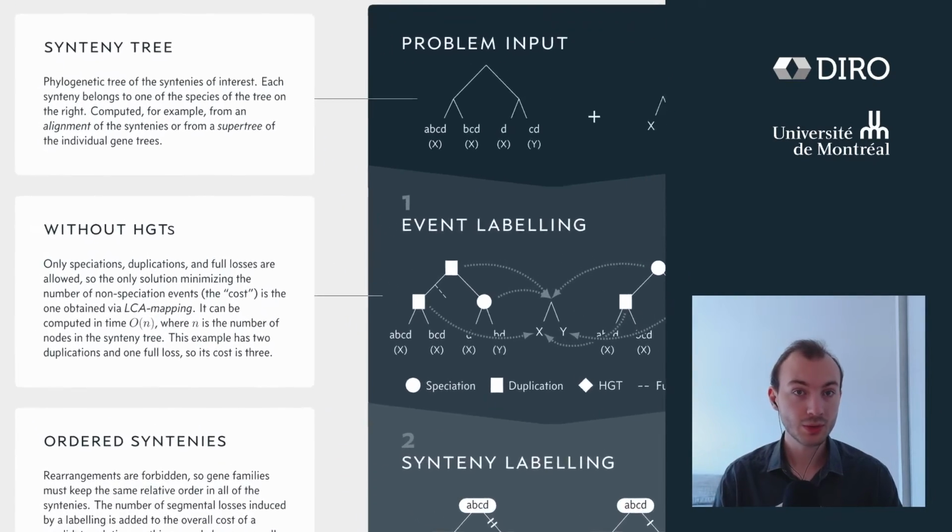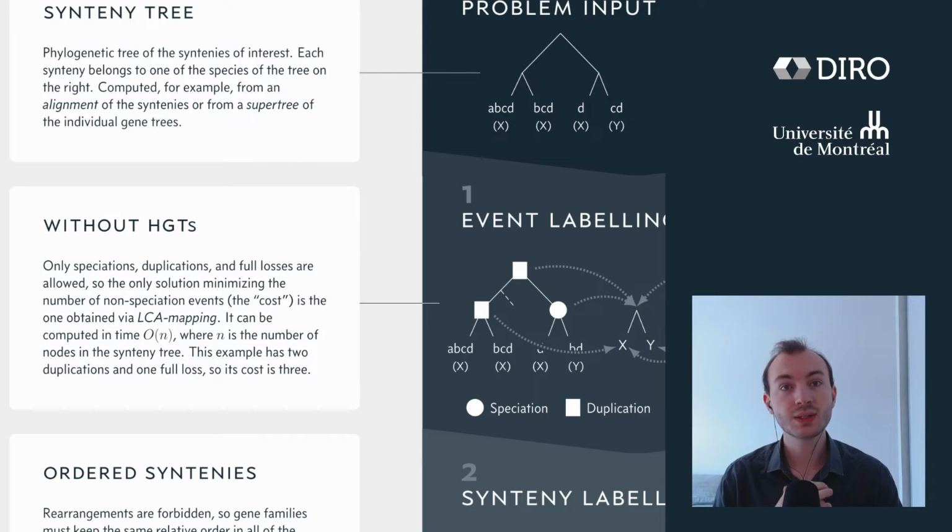The first part of the superreconciliation is an event labeling. This labeling corresponds to a mapping of the syntheny tree onto the species tree. In the DL setting, where only speciations, duplications, and full losses are allowed, the only solution that minimizes the number of non-speciation events is obtained via LCA mapping, and the LCA mapping can be computed in O(n) operations. n is the number of nodes in the syntheny tree.